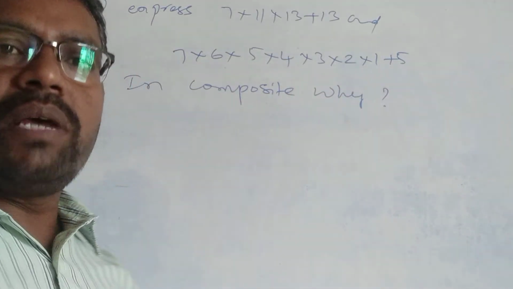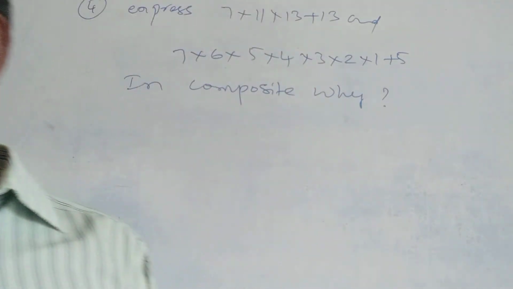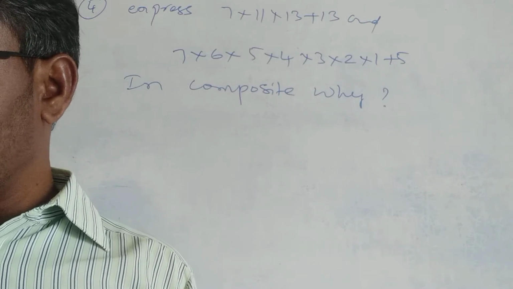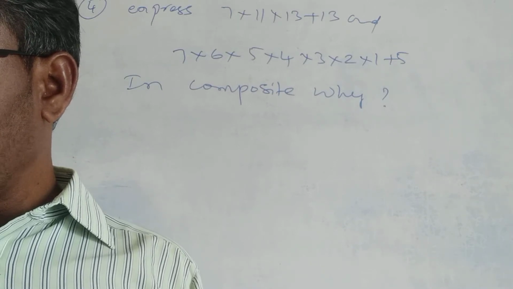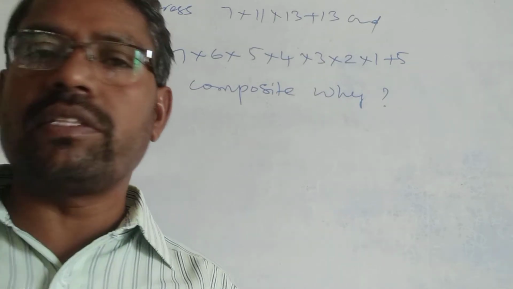Or sometimes we ask the question, explain why 7 into 11 into 13 plus 13 and 7 into 6 into 5 into 4 into 3 into 2 into 1 plus 5 are composite numbers, like this.